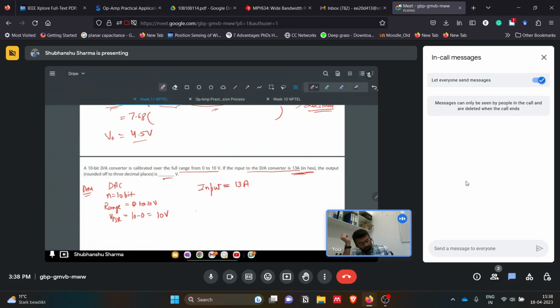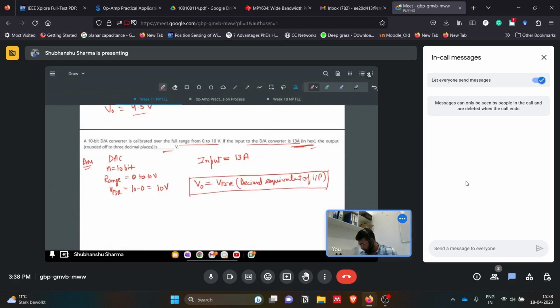So the output equation will be same, but not completely same. It will be VFSR into the decimal equivalent of input. So this is the main equation. Instead of hexa, if something else is given, we have to convert it into decimal. So 13A will be what?